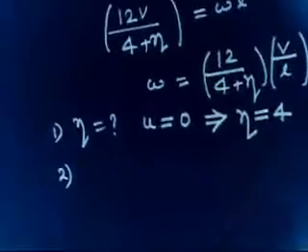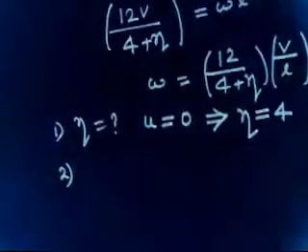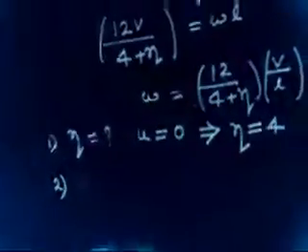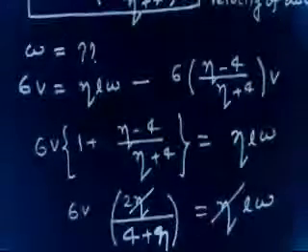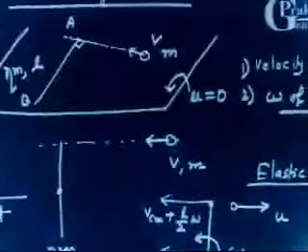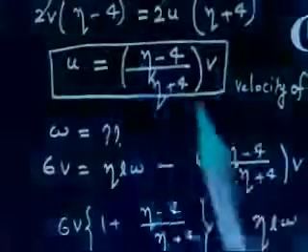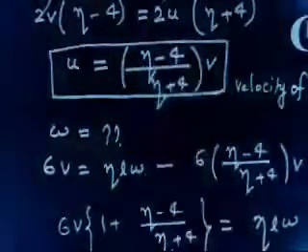So one part of the question says when u will be 0, that is possible only if eta equals 4. Now the second part of the question says, what will be the value of eta so that the direction reverses. So direction of the ball should reverse. Now you see, we have already considered the case in which the direction of velocity of ball has reversed. Initially this is going in this direction. Now u is in this direction, that is the reverse velocity. So if this number comes out to be positive, now my direction is reversed.